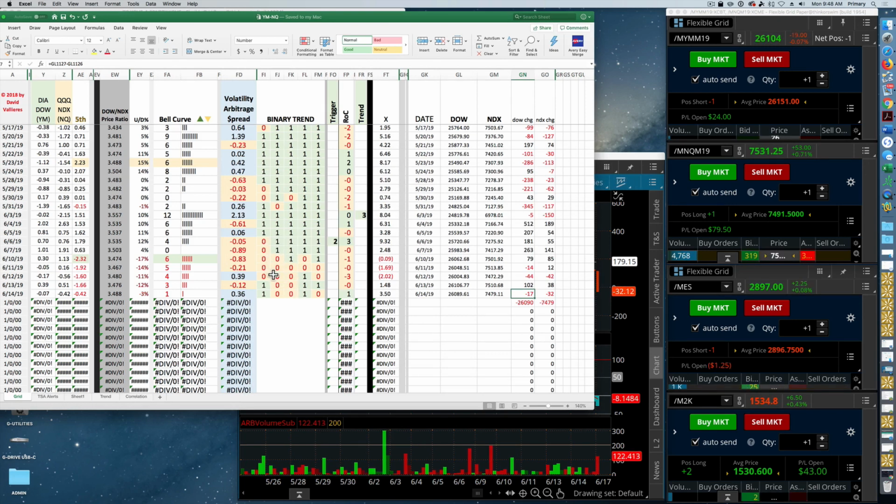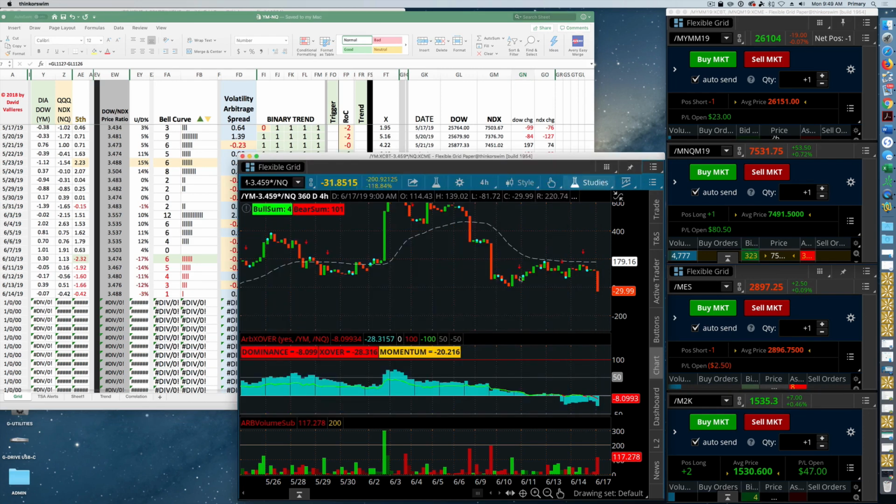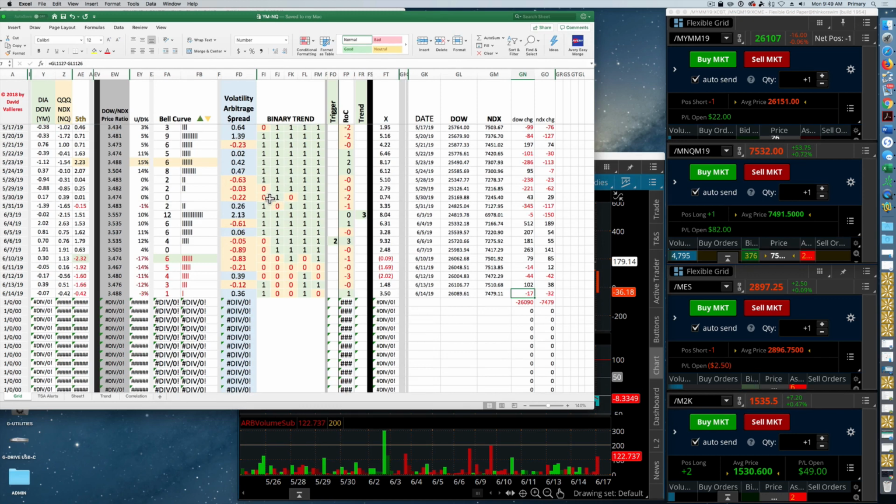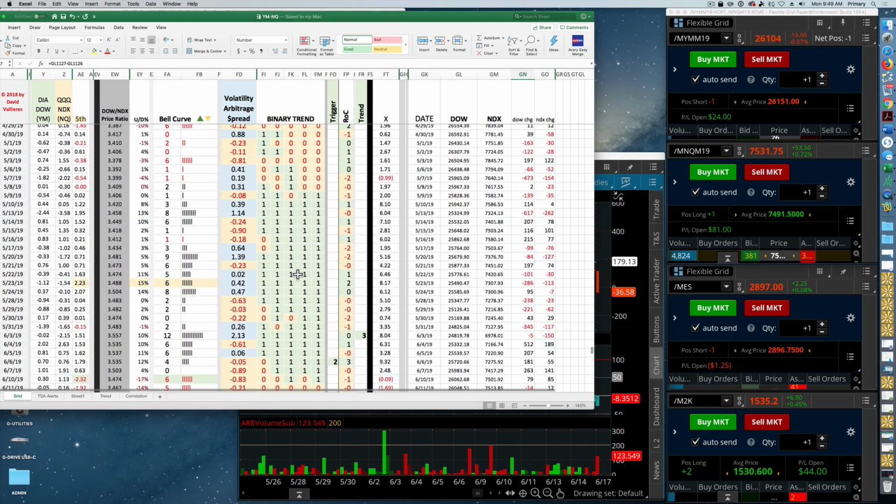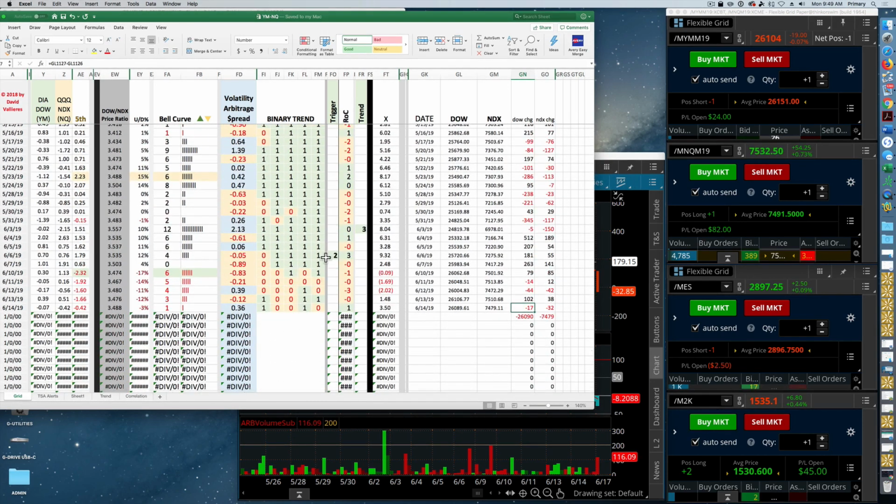When you see zeros in the binary trend, it means that the spread is going to go down. That means negative. That means that NQ is dominating over YM. That's the same idea here: you can look at the blue histogram as the binary trend, and the line is kind of the thread of the negative dominance of NQ coming through, woven through the binary trend.